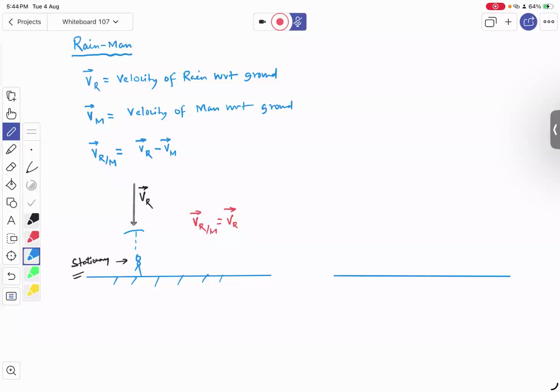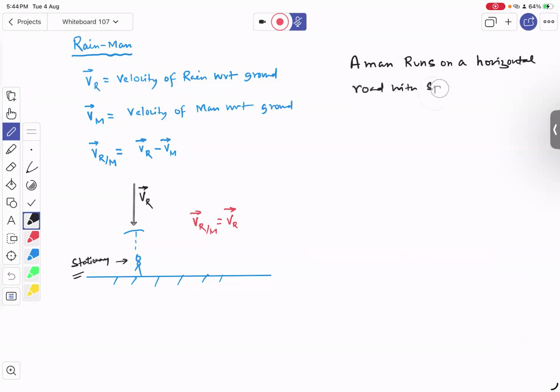And it is told, maybe I'll write that thing in words also, like a question. A man runs on a horizontal ground or horizontal road with speed 3 meters per second.